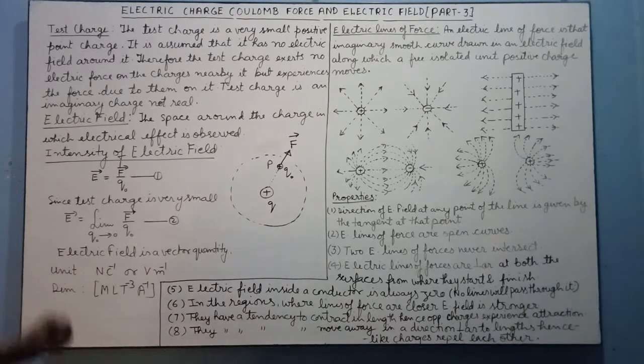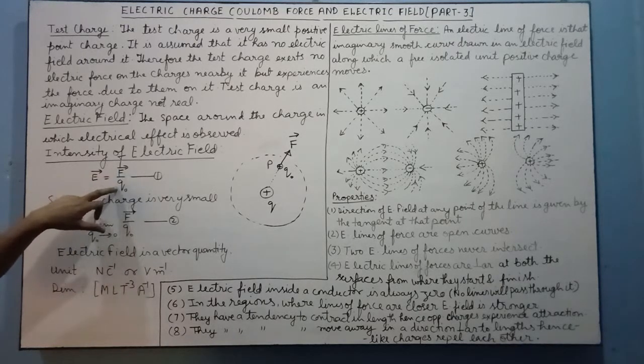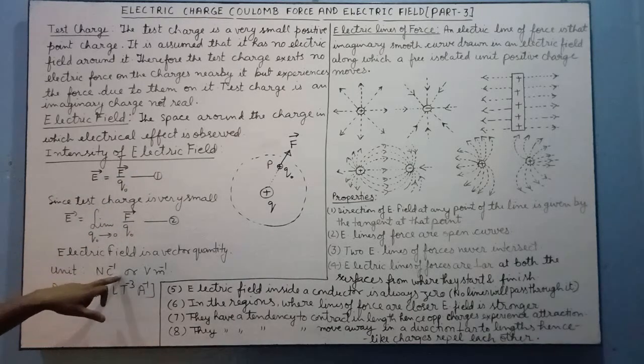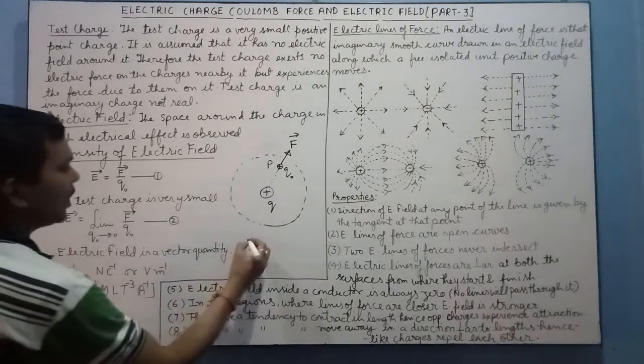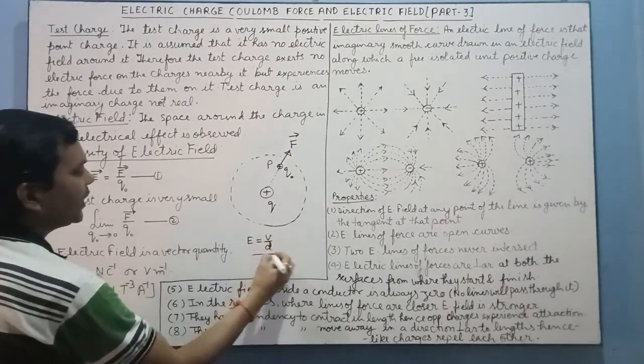Now, electric field is a vector quantity. The unit of electric field is Newton per Coulomb. From here you can see the unit of force is Newton and charge is Coulomb, so the unit of electric field will be Newton per Coulomb. In the next chapter we will study another formula for electric field, E is equal to V by d.